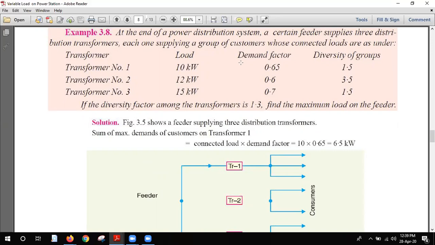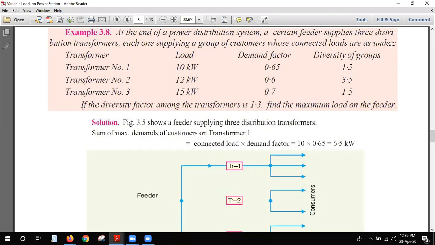So a certain feeder supplies 3 distribution transformers, suppose for 3 residential zones, and each one supplies a group of customers whose connected loads are as follows, that means every zone's customers' connected load.